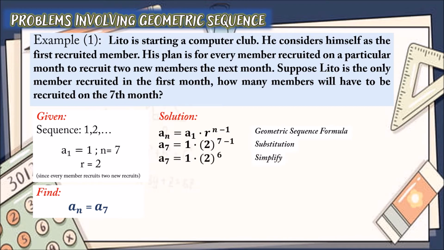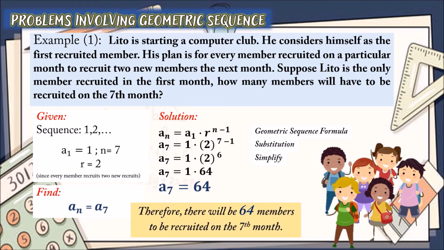So simplify, we have a sub 7 is equal to 1 times 2 raised to 6. Let's solve. We have a sub 7 is equal to 1 times 64. Therefore, a sub 7 is equal to 64. Therefore, there will be 64 members to be recruited on the 7th month.